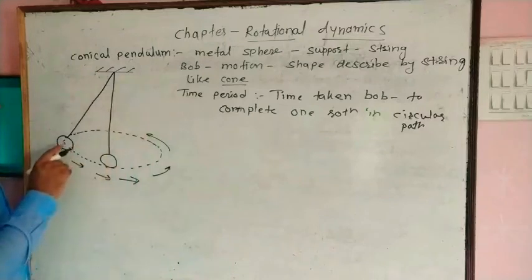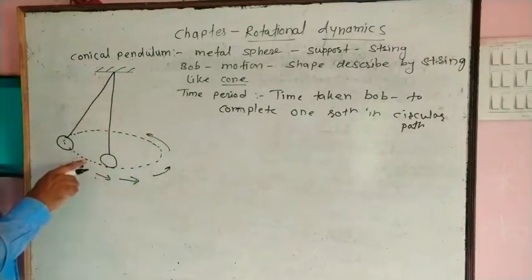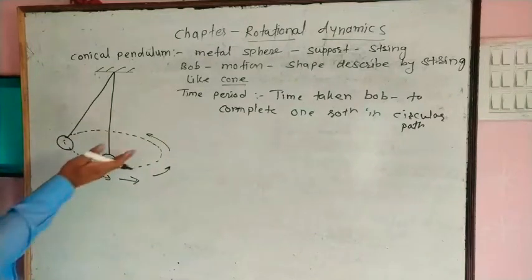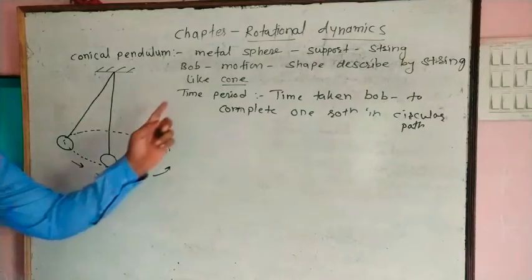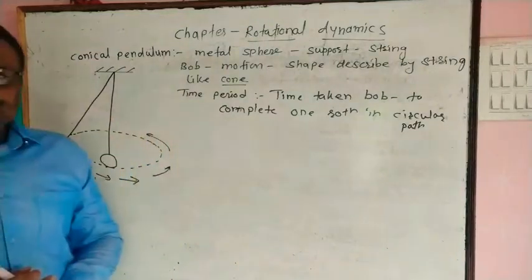Time taken by the bob to complete one rotation along the circumference of a circle in a horizontal plane is known as the time period of this conical pendulum.